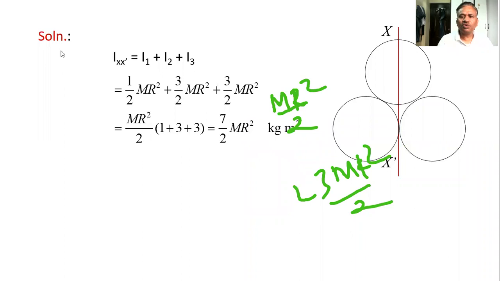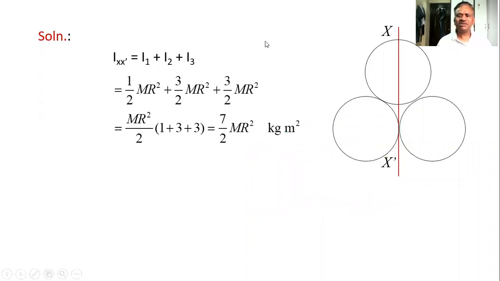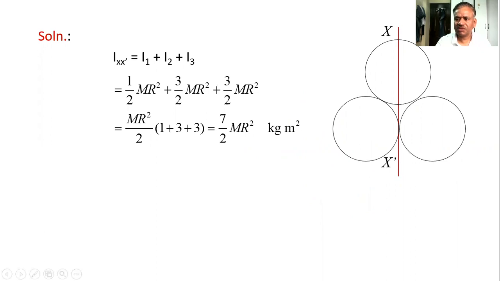I equal to, what is the formula? I is the moment of inertia, a scalar quantity. I equals I1 plus I2 plus I3. I1 equals mr square by 2, just now I told you.